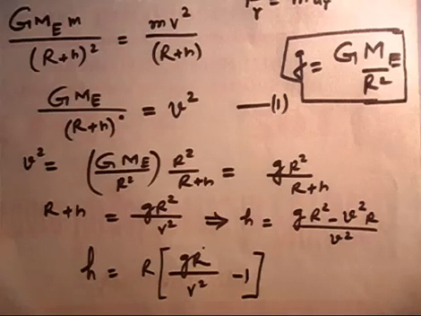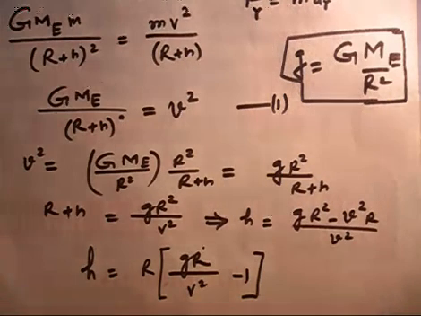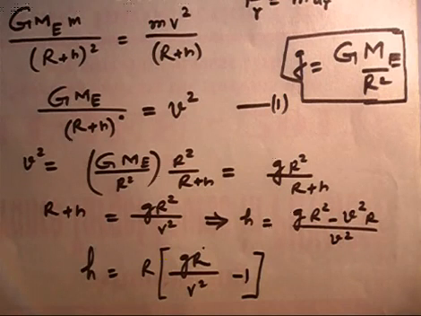If I know v, I know the time period of the satellite. Say I want the satellite to go around two times in 24 hours; then the time period is 12 hours. If I know the time period, I can calculate omega, which is 2 pi by T. I can calculate v, because v equals r omega, and then from there I can calculate h.